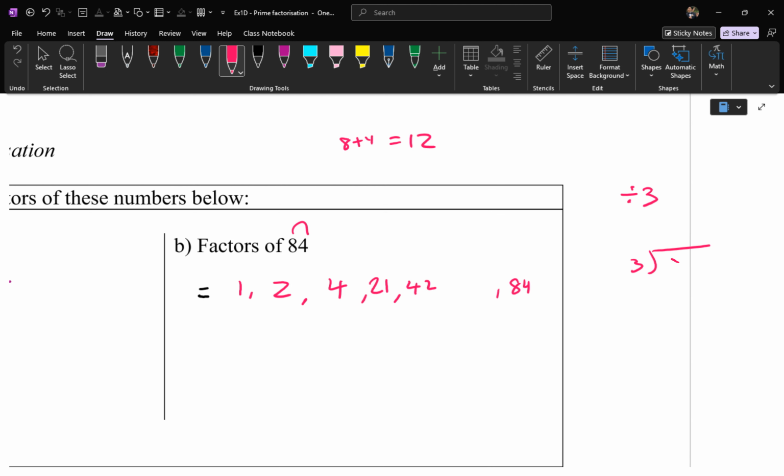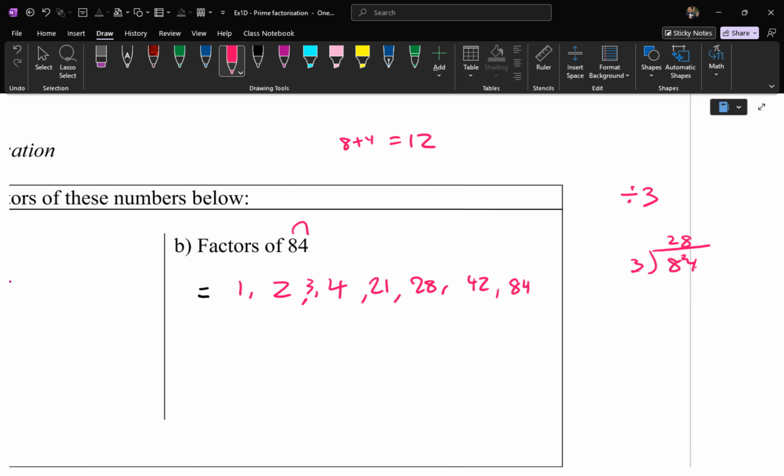Let's test it. 3 goes into 8 twice, remainder 2. 3 goes into 24. Yes, it does. See, that's why that divisibility test is nice to know. If you want to know if it's a multiple of 3, add the digits. If they are still divisible by 3, then it works. Okay, so you've got factors 3 and 28.